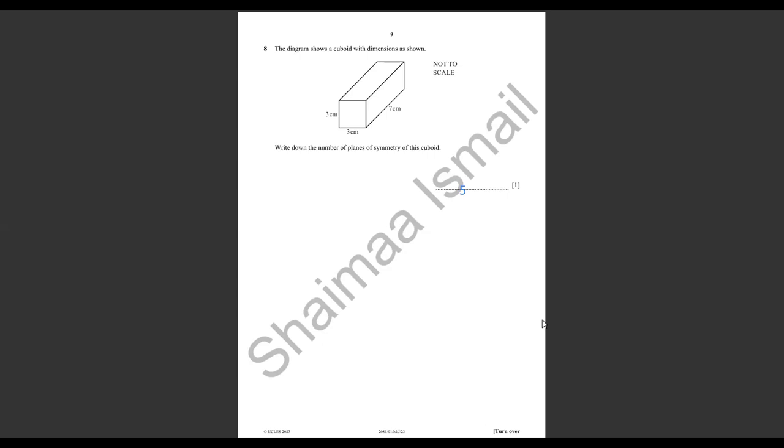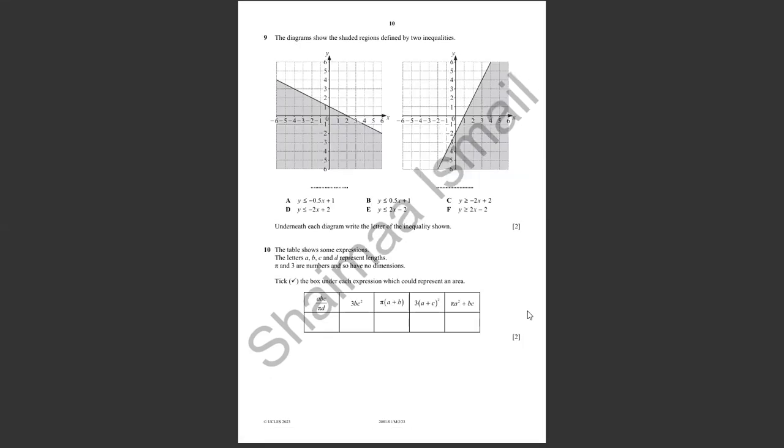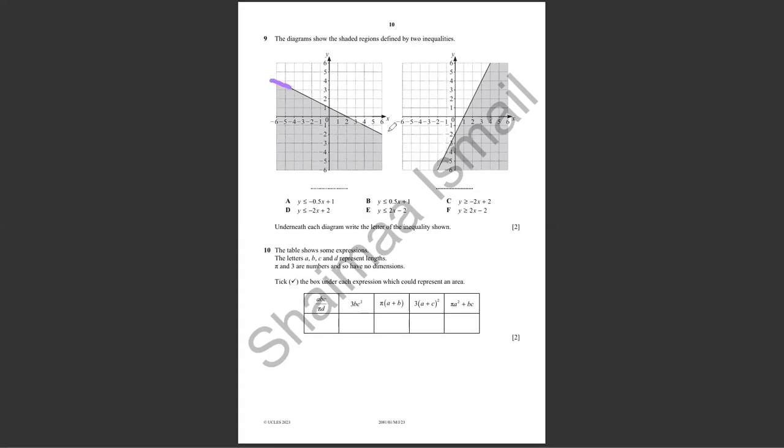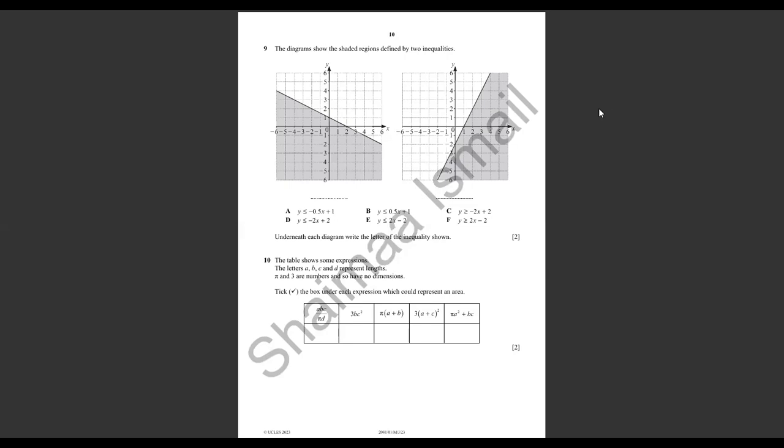Easy question, very easy. Okay, here he asks you about the shaded region defined by 2 inequalities. Okay, and here in this inequality, we shaded. So let's analyze it. Here y is greater than, or more than.